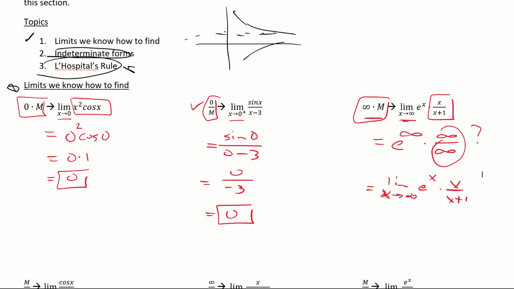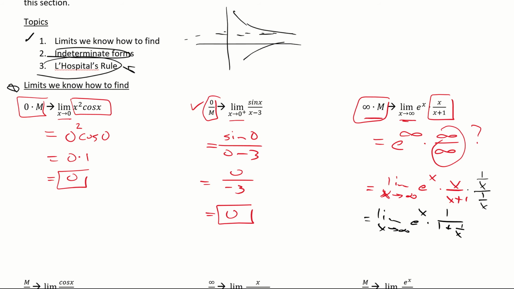But then I'm going to divide top and bottom by x. Remember this game from earlier in the semester? And we are getting the limit as x goes to infinity of e to the x times, guess what, 1 over 1 plus 1 over x. Okay, too fast? Catch up.